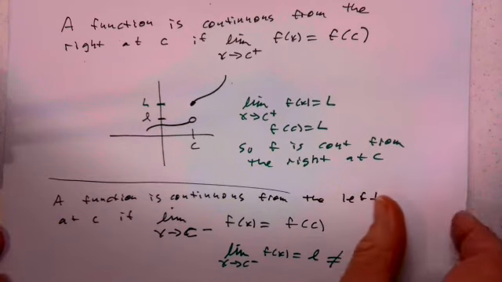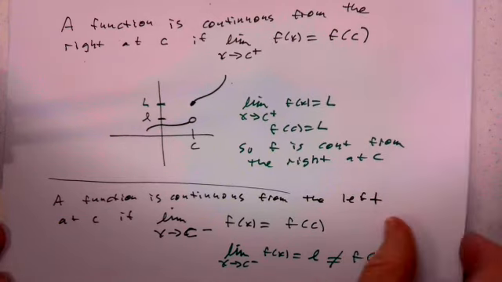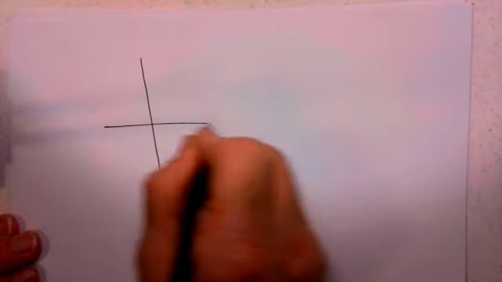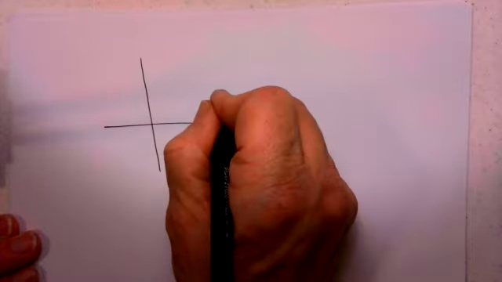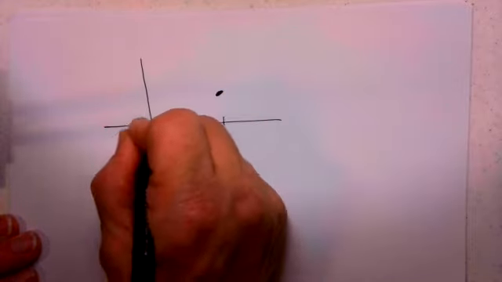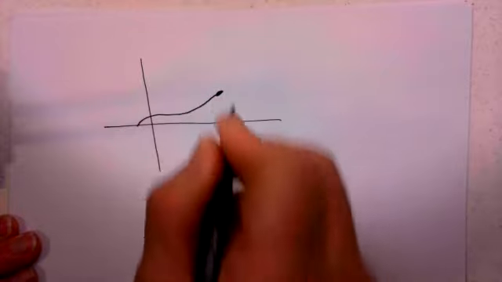If I want to make one that is continuous from the left, what would my graph look like? Continuous from the left. So as I approach from the left, it's got to land at the limit. Here's a point C. As I approach from the left, it's got to land at the limit.